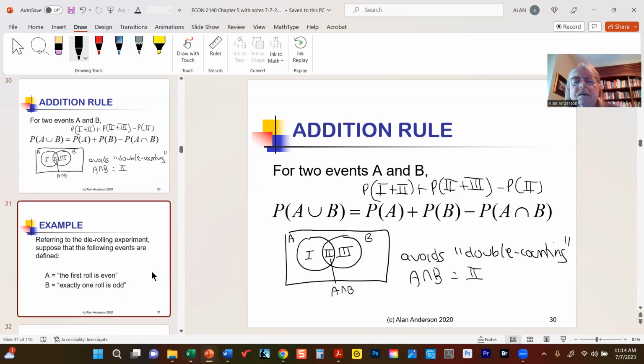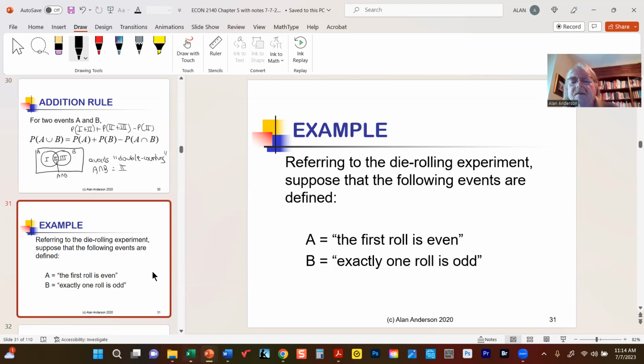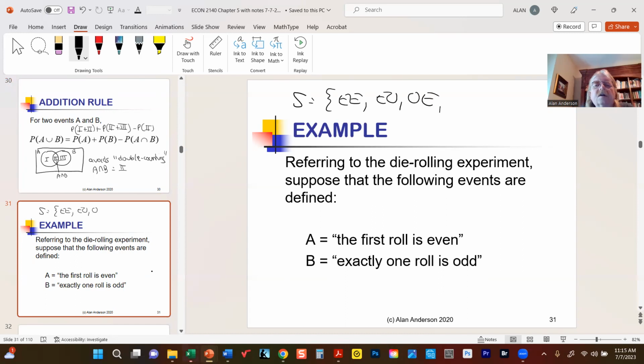So going back to that die rolling experiment, remember S equals EE, EO, OE, and OO. A will be the event that the first roll is even. This is a set that contains the elements EE and EO, because the first roll is even.